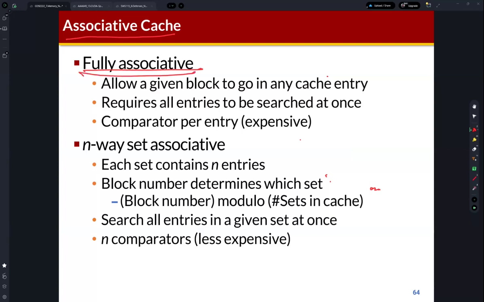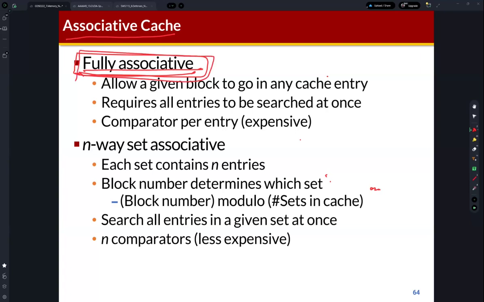Fully associative means that data can be allocated to any cache block. The cache index is not determined by addresses, because we can store blocks in any entry of the cache. So this cache is called the fully associative cache.